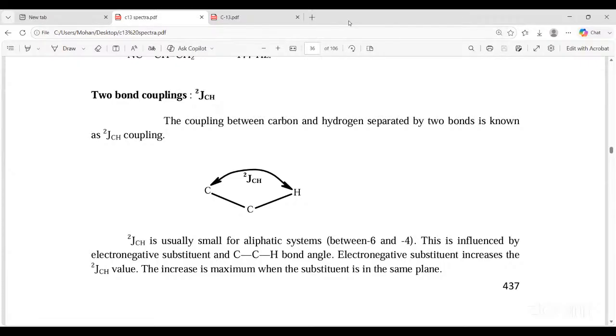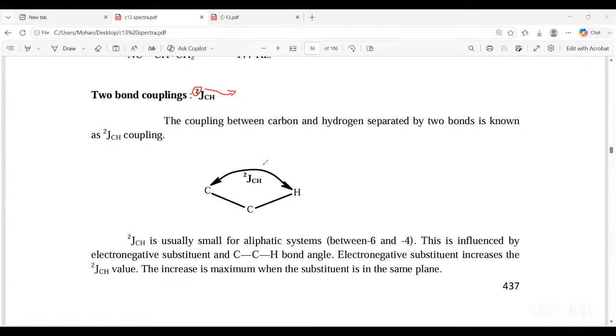The superscript two indicates the number of intervening bonds.